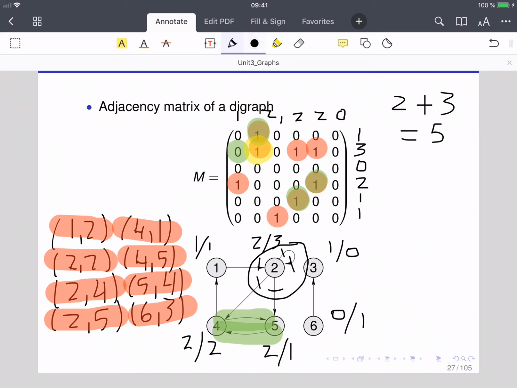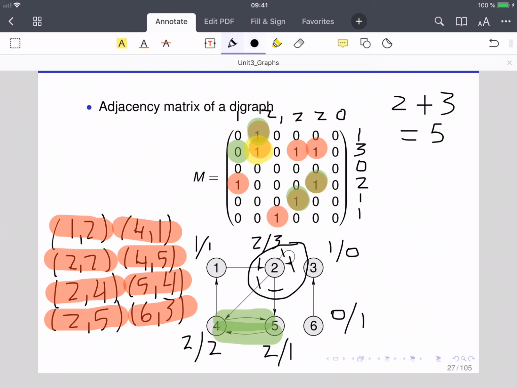So we have 1, 2, 3, 4, 5. Loops are counted twice. And since loops are represented in the main diagonal of the matrix, when we compute the sum of the row plus the sum of the column, the elements in the diagonal are going to be counted twice, and that is exactly what we need and what we expect.